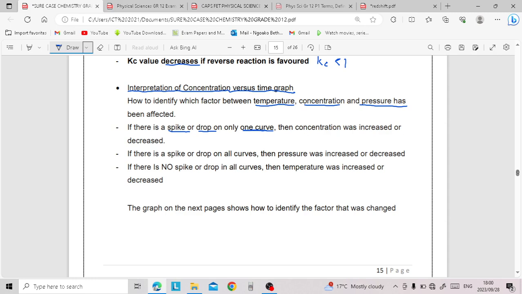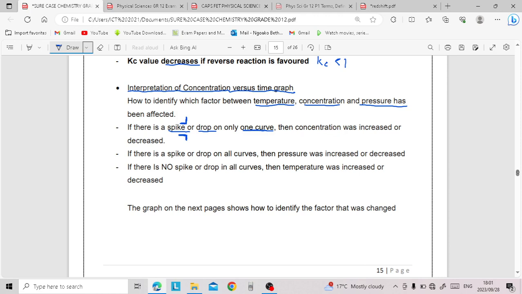A spike will be just a line like this. If you see this sharp change from the equilibrium on one curve, or on one line of the graph, then it shows that we have changed the concentration of that reactant or that product.